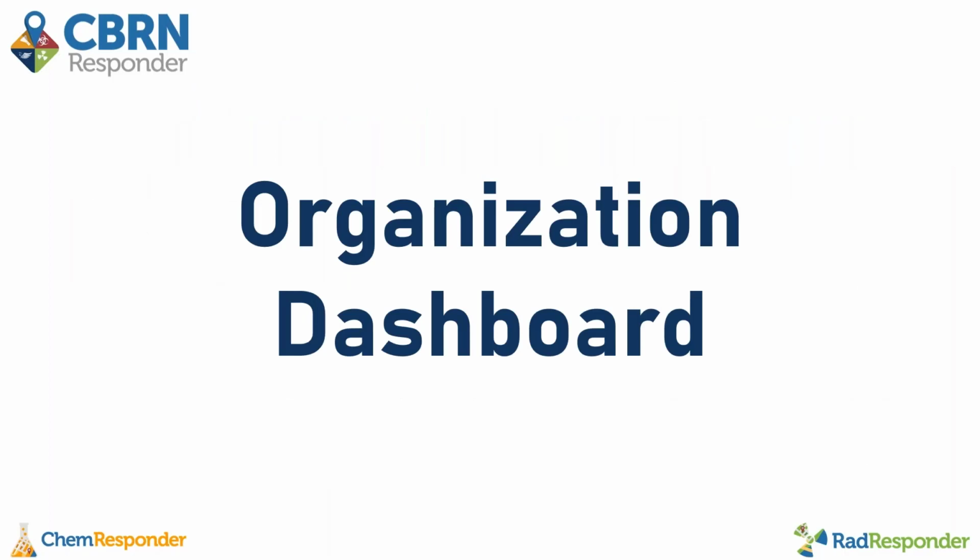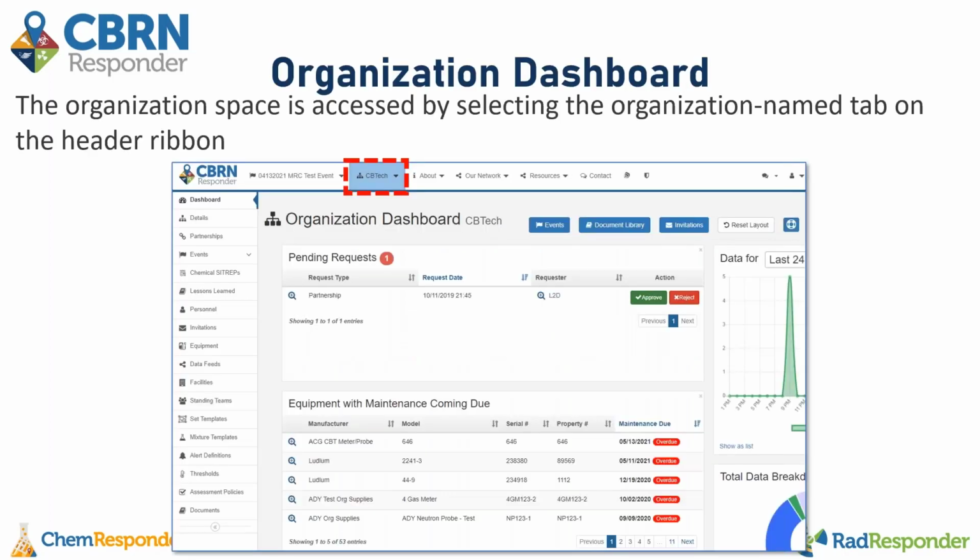Now I will go over the organization dashboard and all the tasks you can do from there and what it will show you as the organization administrator. So the organization space can be accessed by clicking the organization name that you will see on the top header ribbon. So in this case, it's CB Tech.